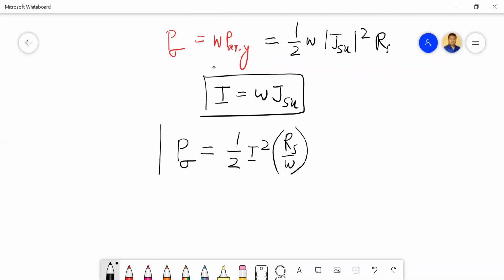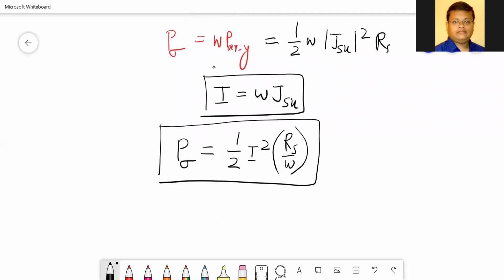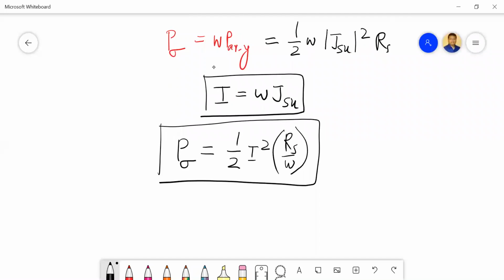So what we can say here is the power dissipated when a sinusoidal current of amplitude I flows through a resistance. This is a similar thing to what we studied in circuit theory as well, if you remember.